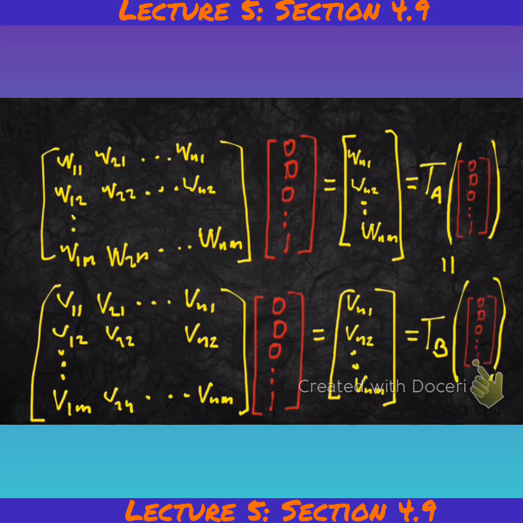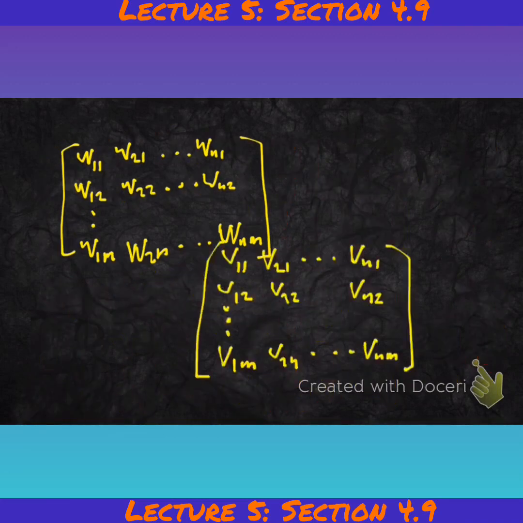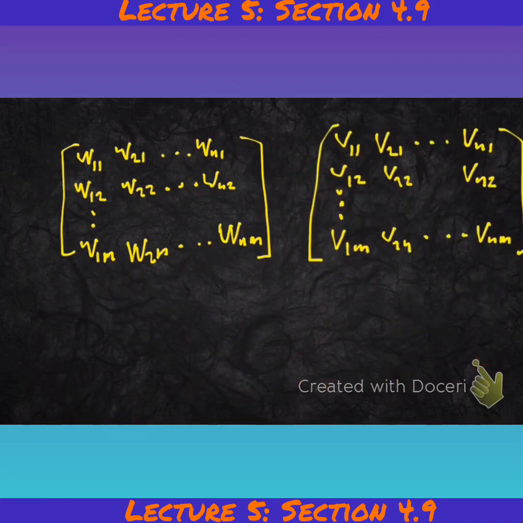So we find that the last columns of these two matrices are also the same. So column-wise, both those matrices are the same. So therefore, what can we say? We can say that both those matrices are going to be the same, both the standard matrices for those two transformations are going to be the same.